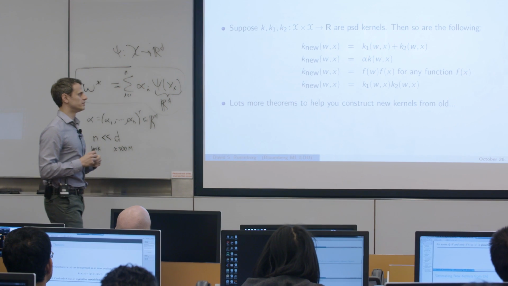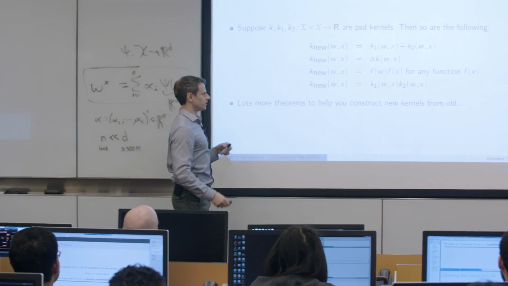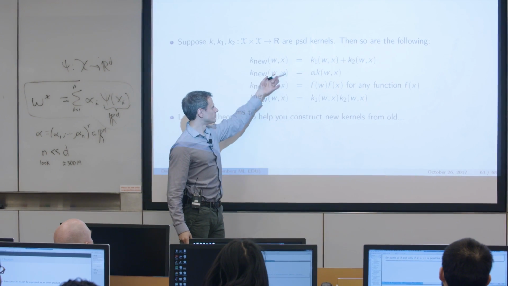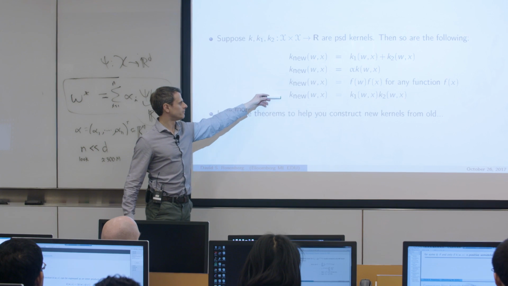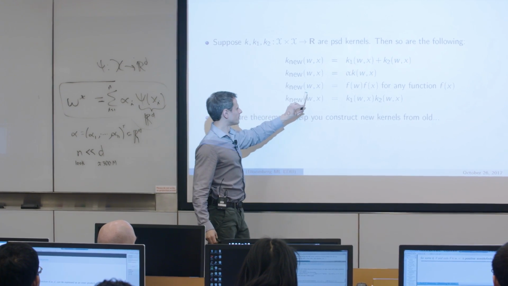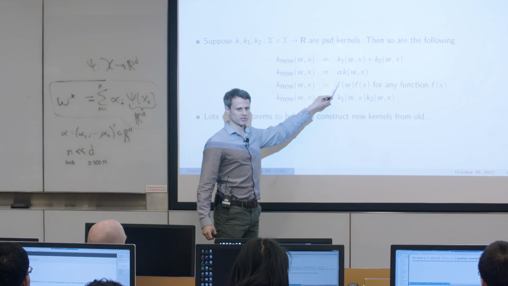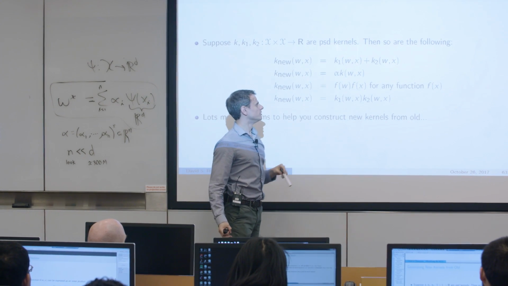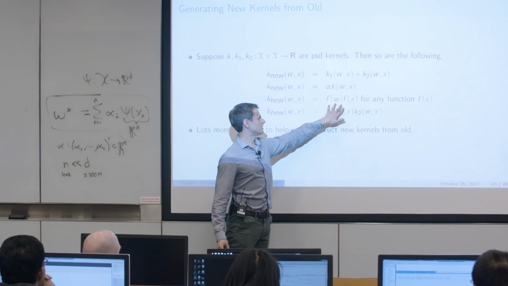Otherwise, what you can do is construct new kernels from old ones. So the sum of two kernels is a proper PSD kernel. You could scale them. You can multiply them pointwise. And of course, this is a trivial version of an explicit inner product representation. You could think of f and w, f as your featurization mapping to one dimension, and then you're just multiplying them.